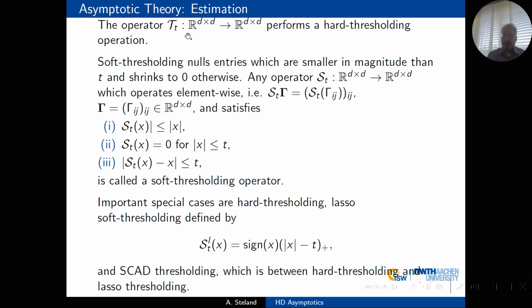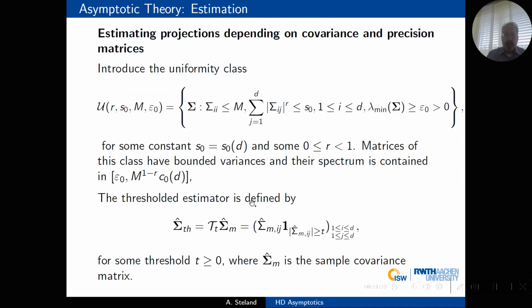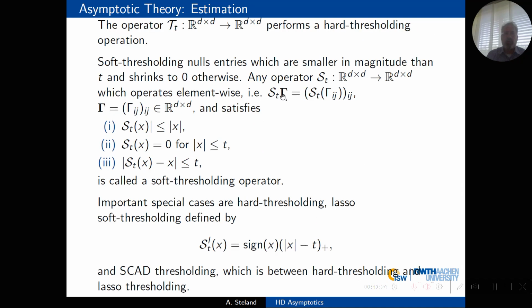So this operator defined by this equation here is the thresholding operator. But one may also apply soft thresholding. And here we null entries which are smaller in magnitude than t and shrink the others towards 0. And actually any operator s_t is called a soft thresholding estimator if it satisfies these conditions.